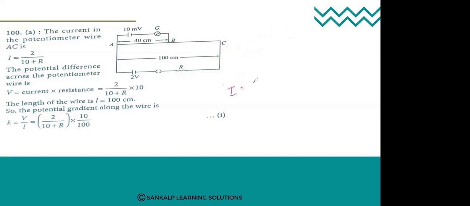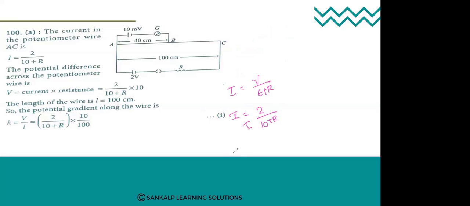That is I is equal to V divided by E plus R. Okay, so this is the formula. V value is 2 volt upon EMF, battery source EMF is 10 millivolt plus R. This is I is equal to. Okay, so this is I is equal to.